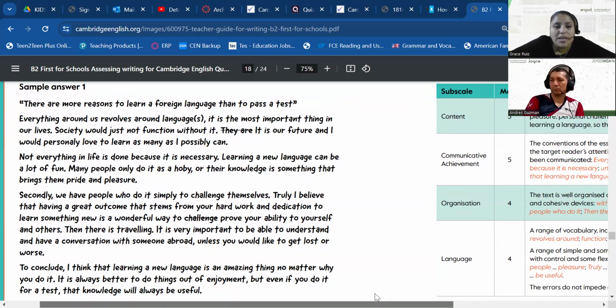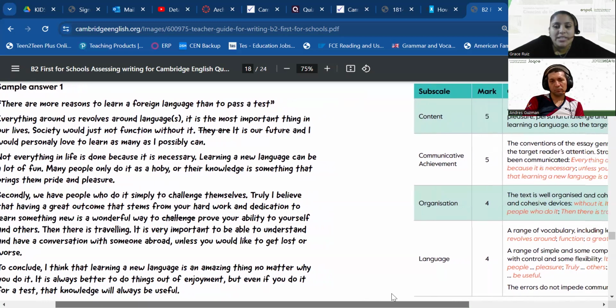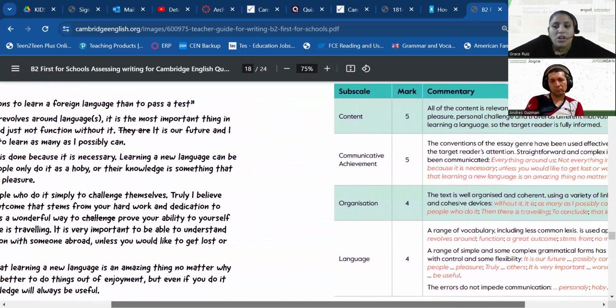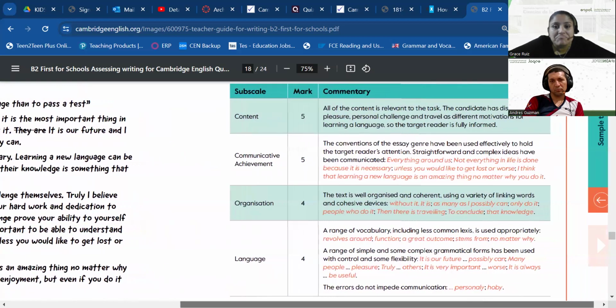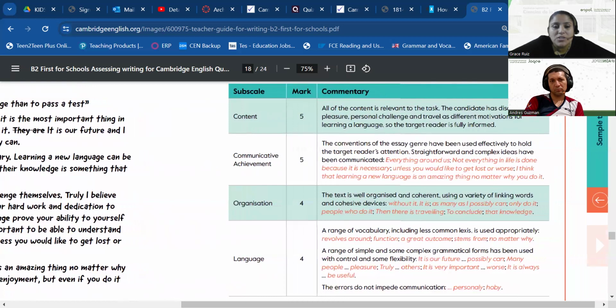Mira cómo califica Cambridge a esta persona. En content le pone 5. ¿Puedes leer, por favor, lo que dice en los comments? All the content is relevant to the task. The candidate has discussed pleasure, personal challenge, and travel as different motivations for learning a language.